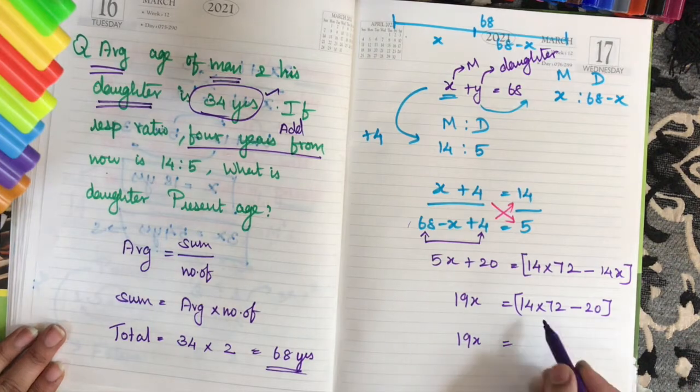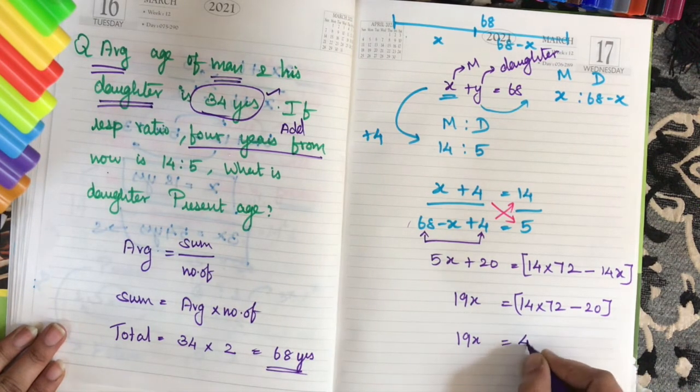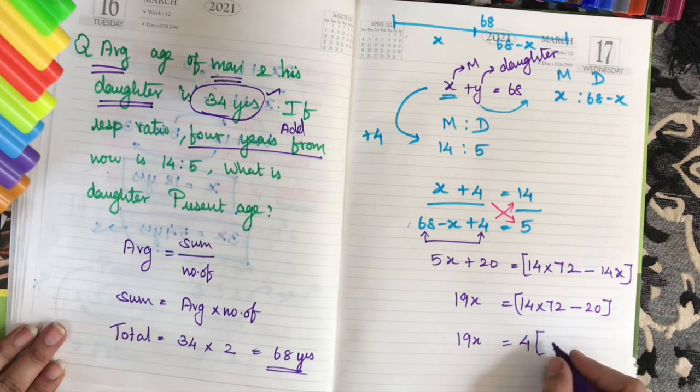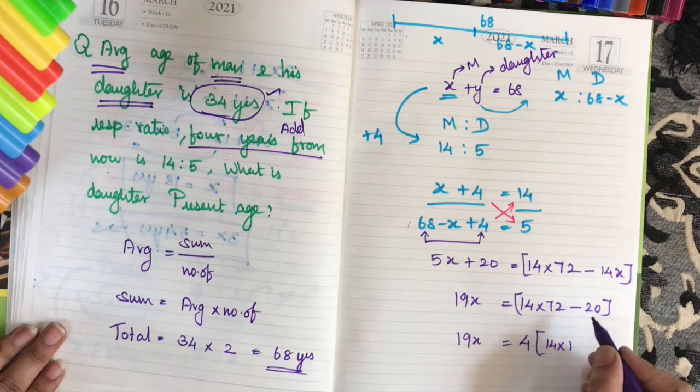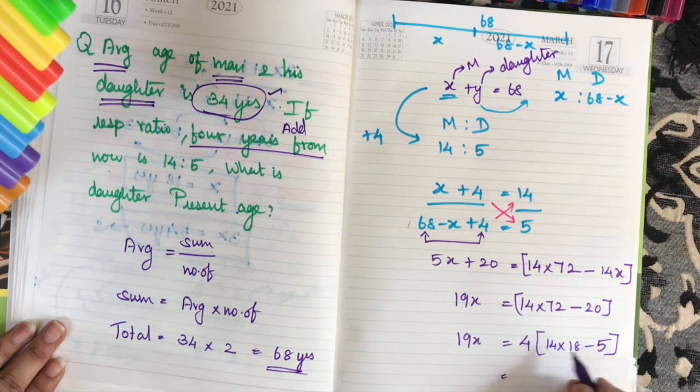So in this thing, I'm just taking the 4 as common. To make it more simple, take 4 as common and you will get 14 into 18 minus 5. 4 1s are 4, balance 3, 8 4s are 32, minus 4 5s are 20. So 5 will be here. And I can easily multiply this whole term, answer as 4 into 63.